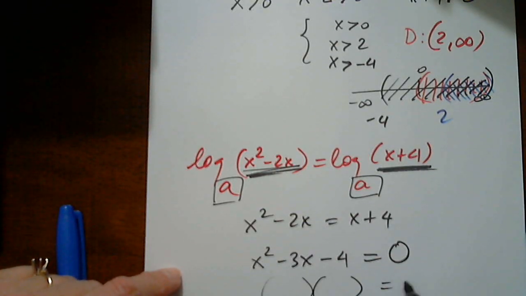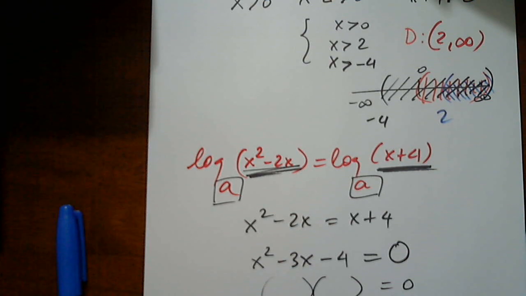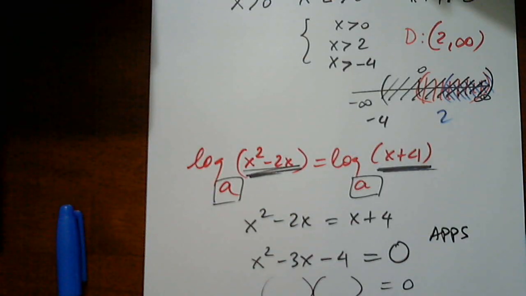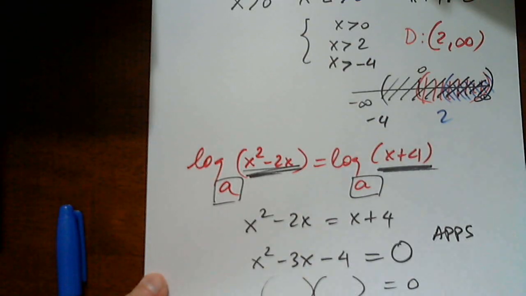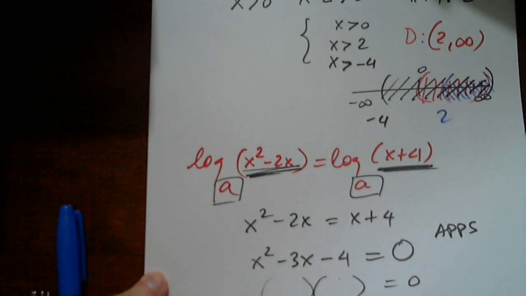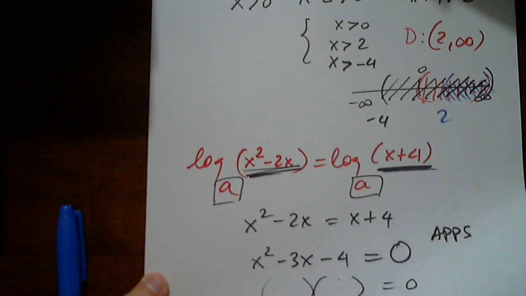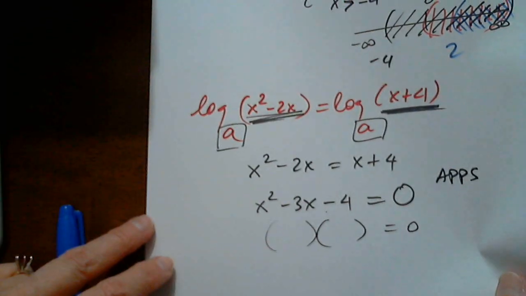Although this is too easy to do that, it's acceptable. Find the solutions with the apps and the polynomial root finder. So can anyone give us the factored form? It will take longer to put it in the calculator. Can anyone give us the factored form, please? X minus 4, x plus 1. Thank you very much.